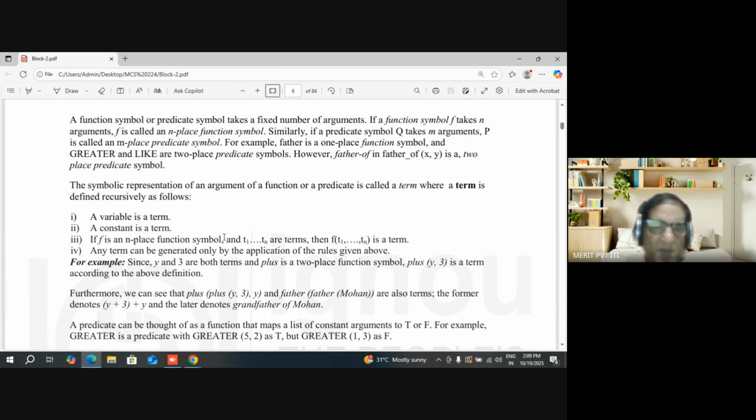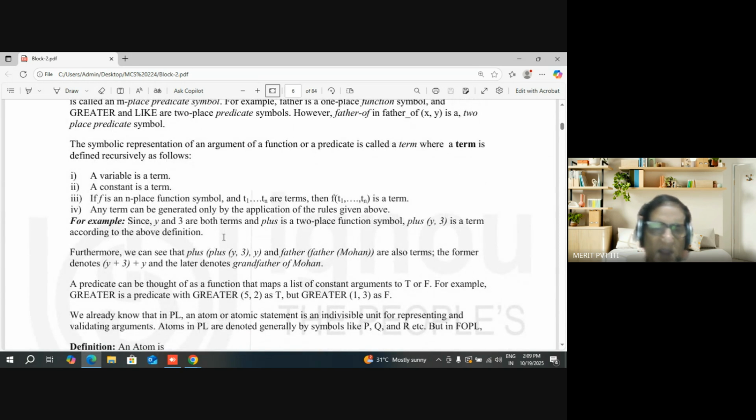A variable is a term, a constant is a term. If f is an n-place function symbol and t1 to tn are terms, then f(t1, ..., tn) is a term. Any term can be generated only by application of the rules given above. For example, since y and 3 are both terms and plus is a two-place function symbol, plus(y, 3) is a term, so y plus 3 is a term.